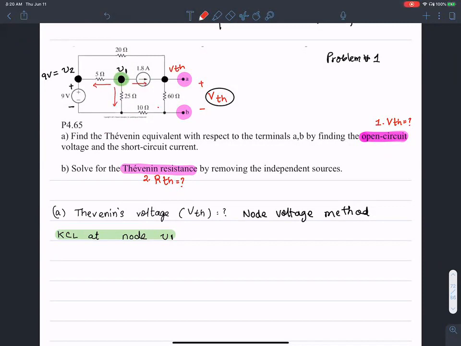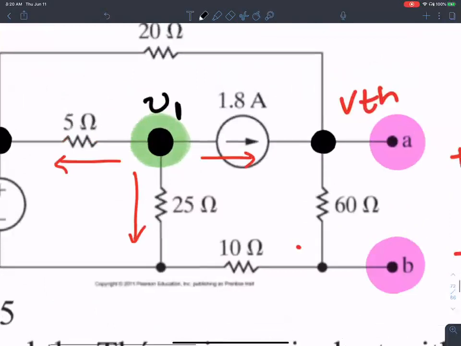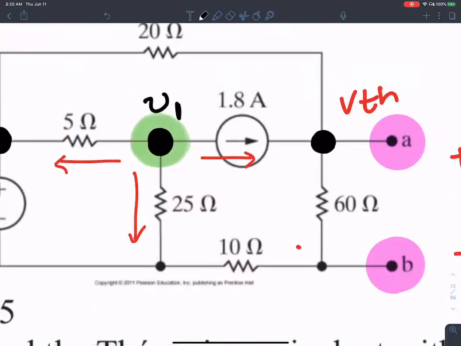Is it going to be a negative direction through? I just want to clarify the direction first, the signage for V1 there. For V1, when it comes to node analysis, I assume this is at a positive voltage. So the idea is I add all the currents that are leaving the node. Here I'm not going to pay too much attention to the signage.